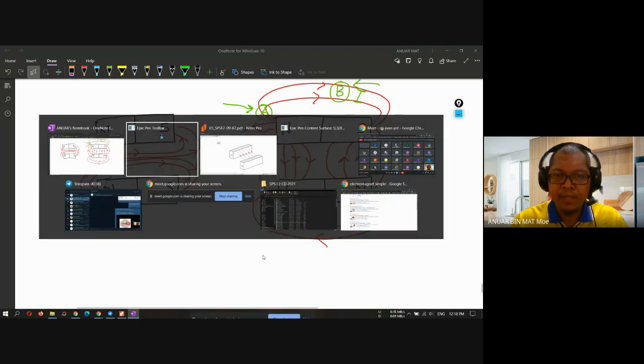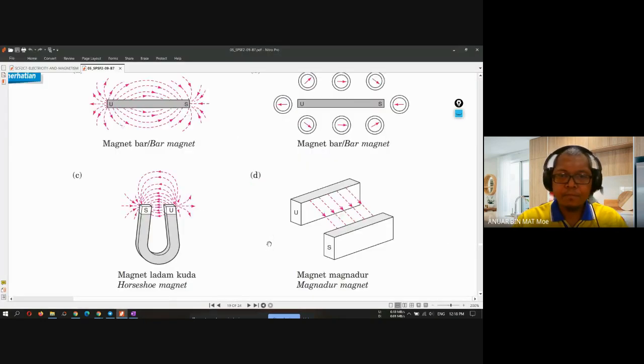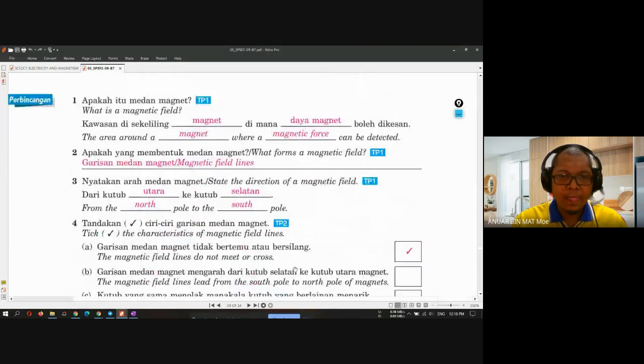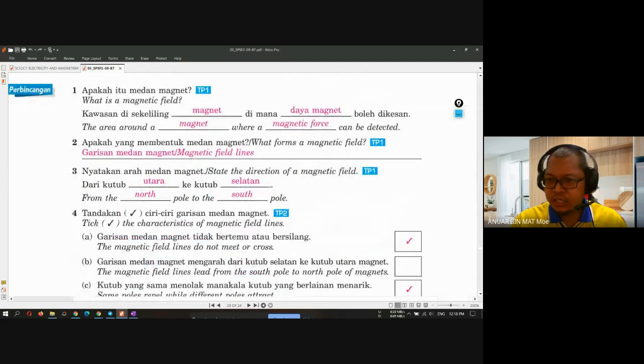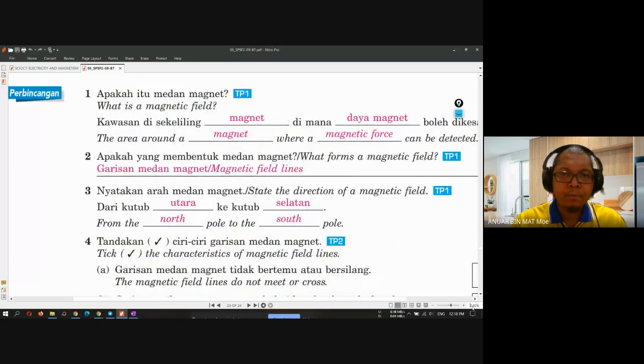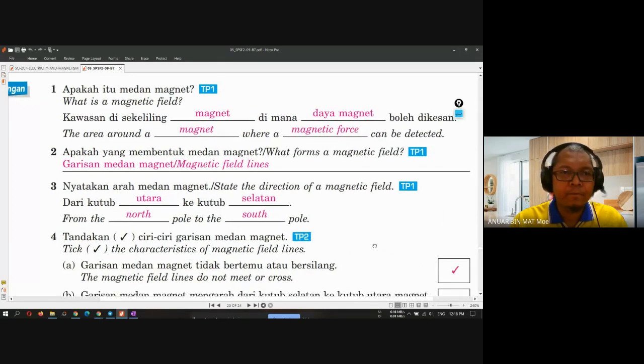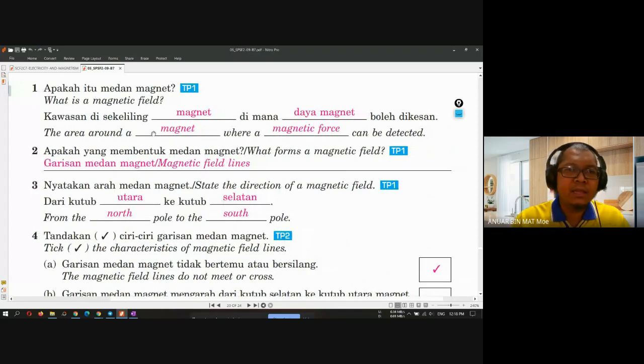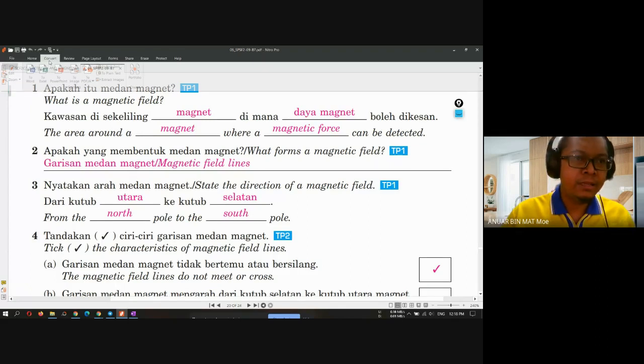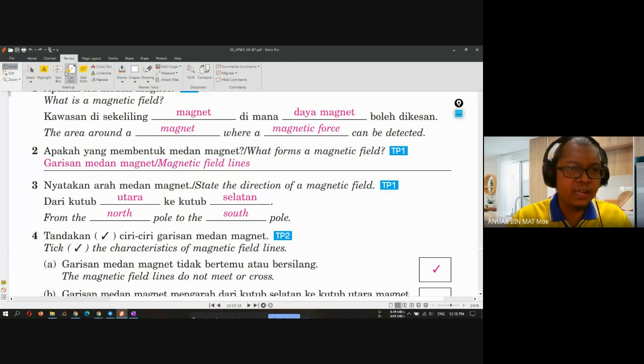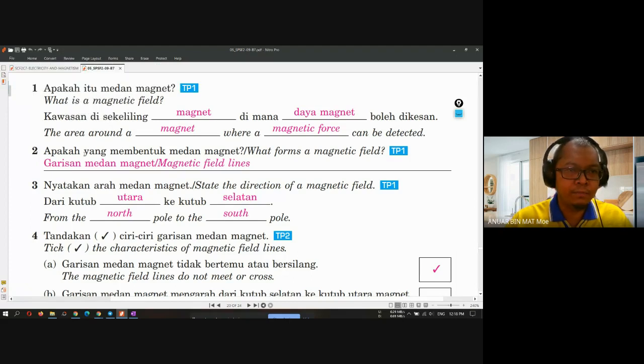Next one. Discussion on page 93. What is the magnetic field? The area around a magnet where a magnetic force can be detected. This is the definition of magnetic field.